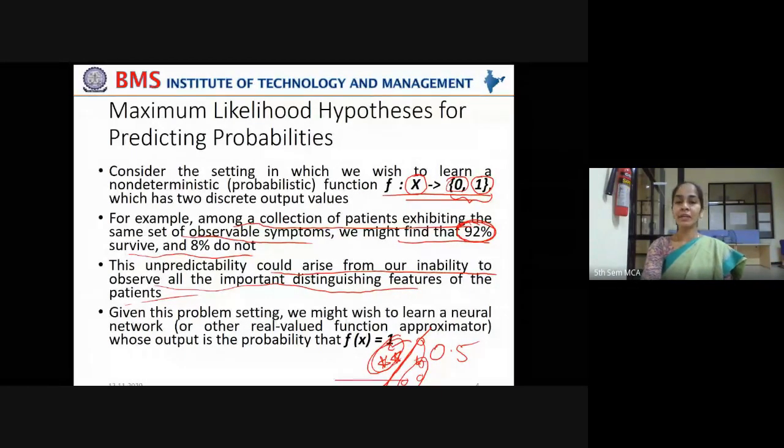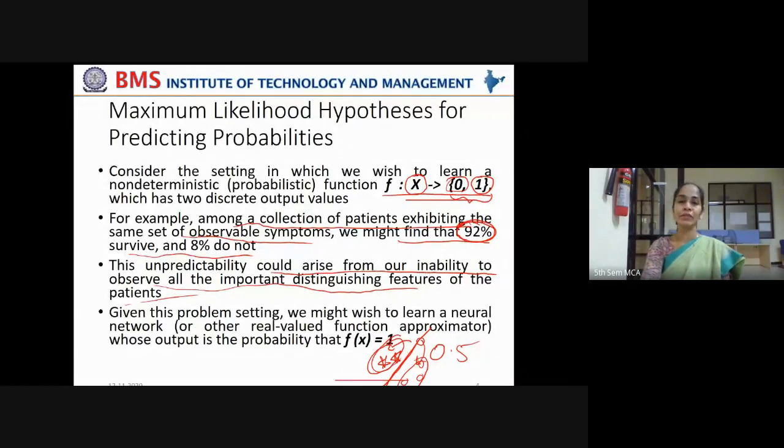So this unpredictability could arise from our inability to observe all the important distinguishing features of the patients. That is why we are not confidently stating that 100% of the patients with these symptoms will survive. We are always taking a chance of only 92% surviving, and we have a doubt with 8% of the patients. There is uncertainty in your statement, because you can't cover each and every feature of the patient in real time.